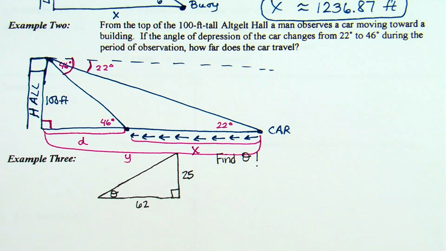So let's start with finding y. The whole big right triangle. How can I find y? No. We're trying to find the length of y.